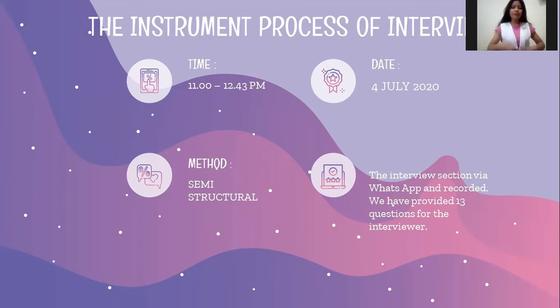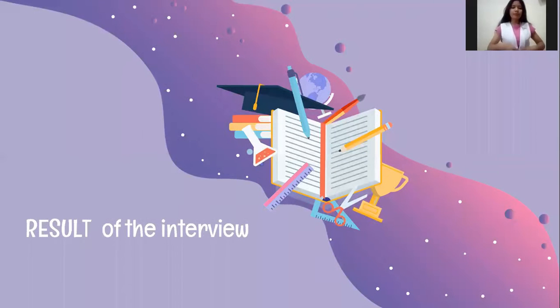The interview session was done by WhatsApp and recorded in English language, and we provided more than 13 questions. Our main questions are 13, and we have several follow-up questions for the interviewees. We move to the next slide.